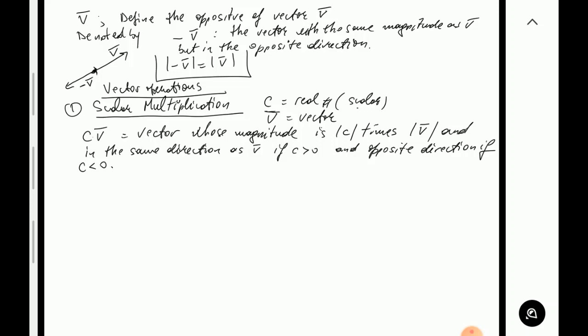And here's a quick example geometrically, and then we're going to show how to do this on paper, how to actually compute the coordinates of the new vector.